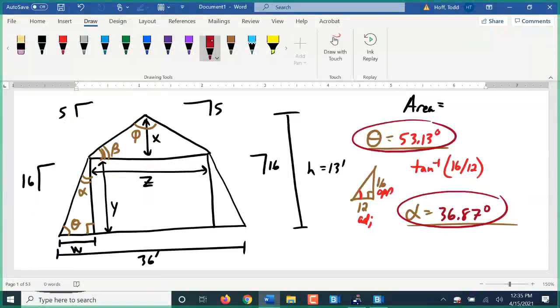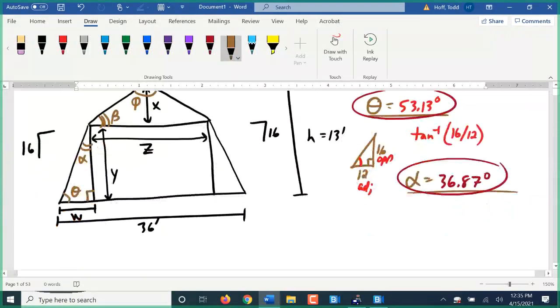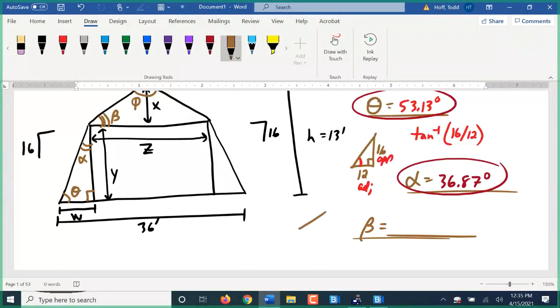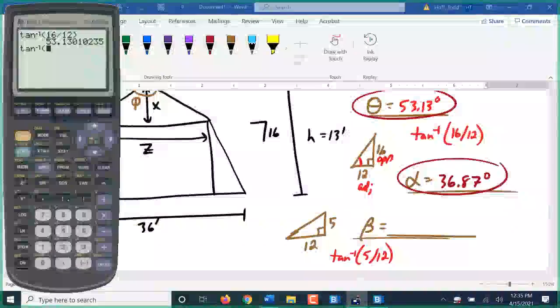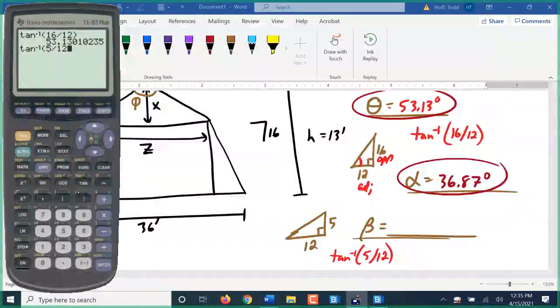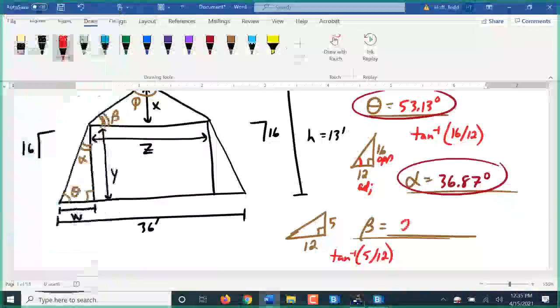Next, we can find angle beta. Like theta, beta is also a heel angle, so it's found just by using an inverse tangent of the slope of that truss. It's a 5/12 slope, so beta is just the inverse tangent of 5/12, which is 22.62 degrees.